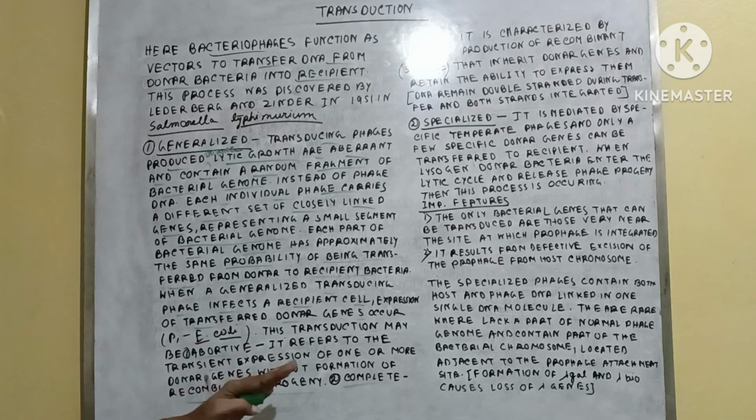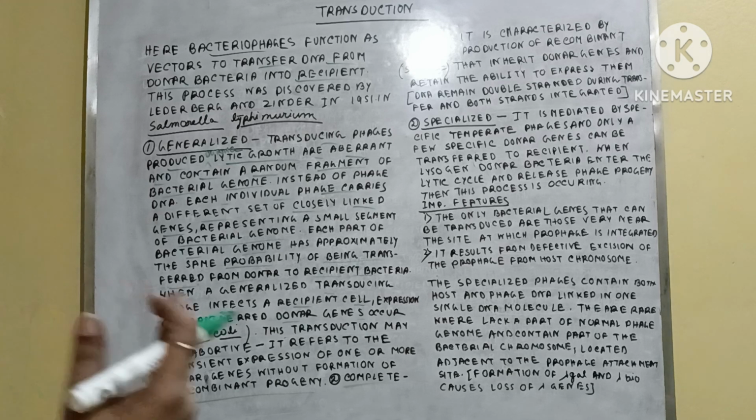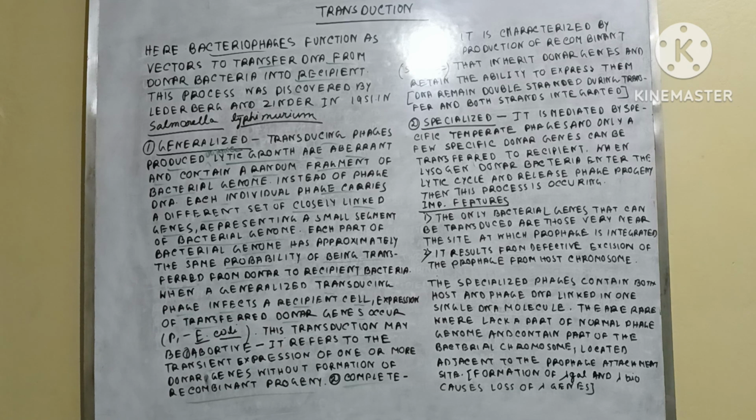So complete means the stable recombinant DNA is produced, and it is capable of inheriting the donor DNA into the recipient, and obviously tries to express its features.